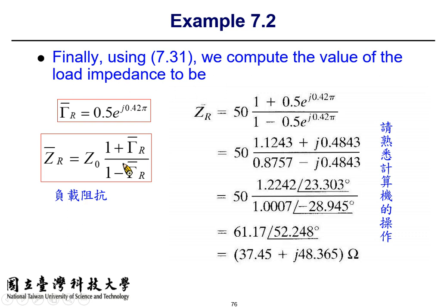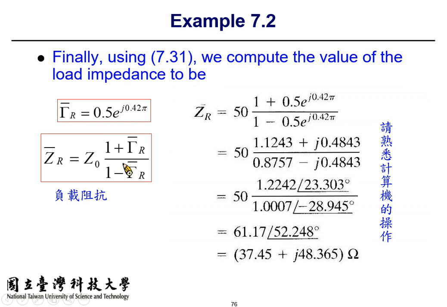You begin with the reflection coefficient, change it into real and imaginary parts in the denominator and numerator, and then convert back to magnitude and phase, so that you can execute the division more easily.